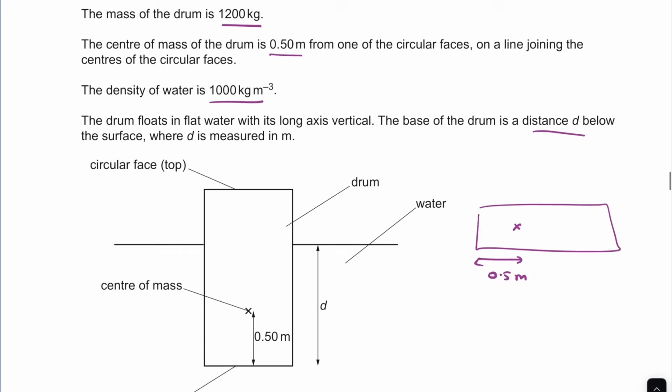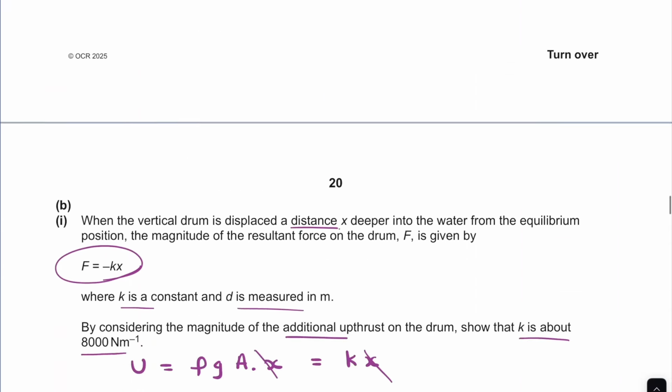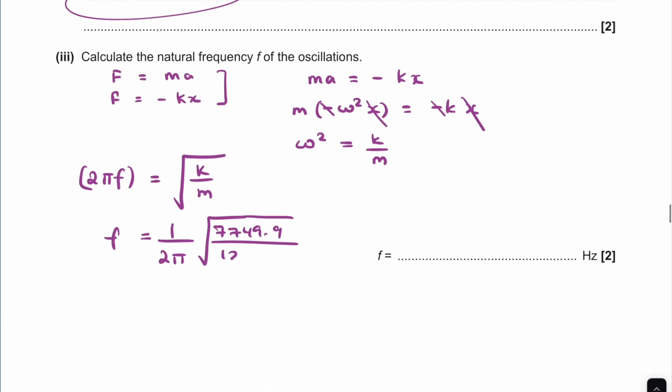Let's just double check. Yep, 1,200 right here, and that would give me a value of 0.41 Hertz. Let's move on.